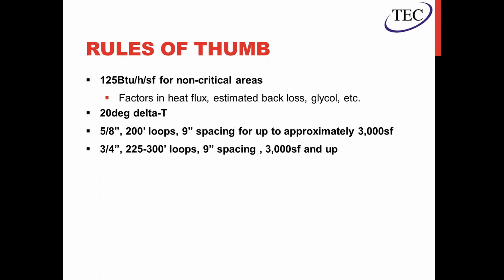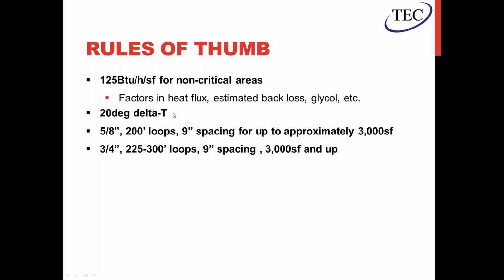You can certainly design to a lower value if it's a non-critical residential area, but we find that 125 is basically a number encapsulating the heat flux tabulated for Chicago by ASHRAE, but also factors in some back loss and glycol calculations. So it's a good quick number for estimating and designing systems.